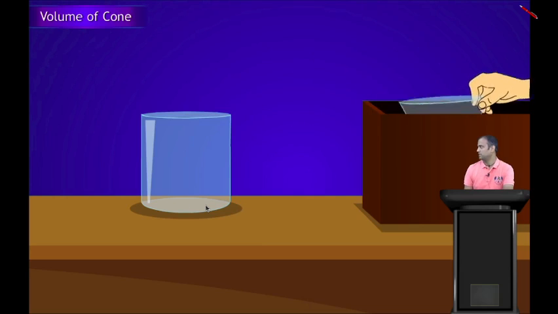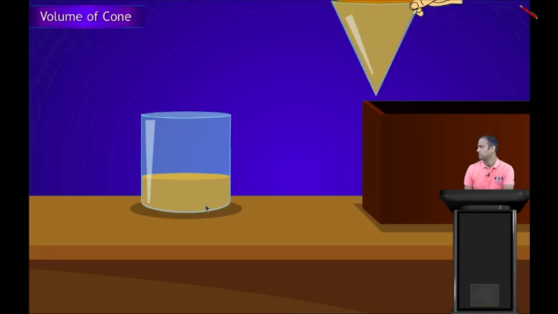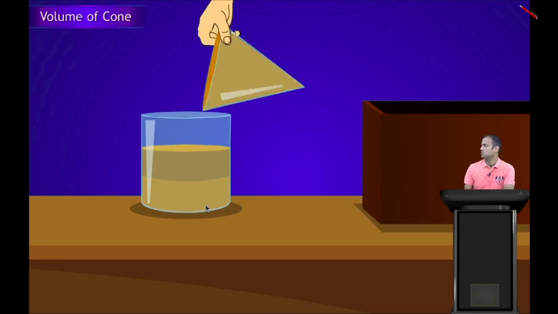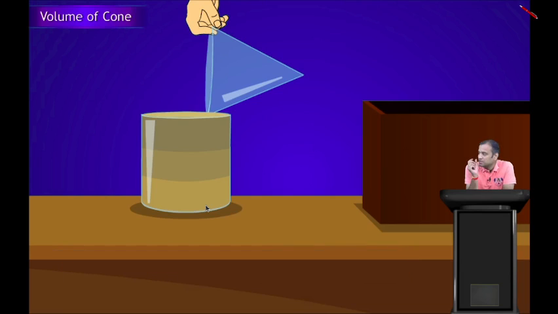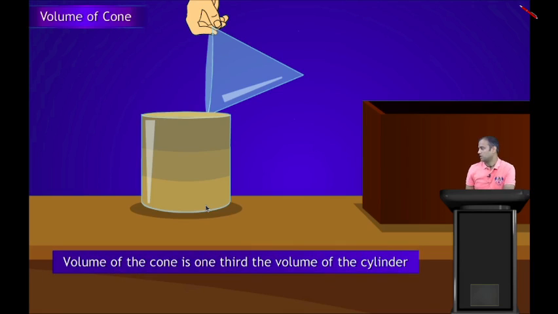Now take some water from the cone and fill the cylindrical vessel. So after some time you will see that the cylindrical vessel can be filled by 3 times of cone. So volume of cylinder is 3 times the volume of cone, and we can say that the volume of cone is 1/3 of the volume of cylinder.